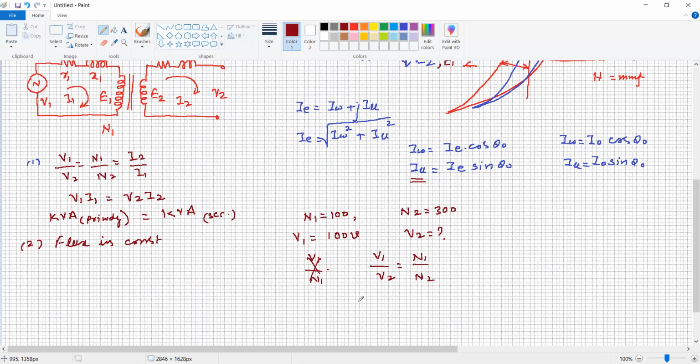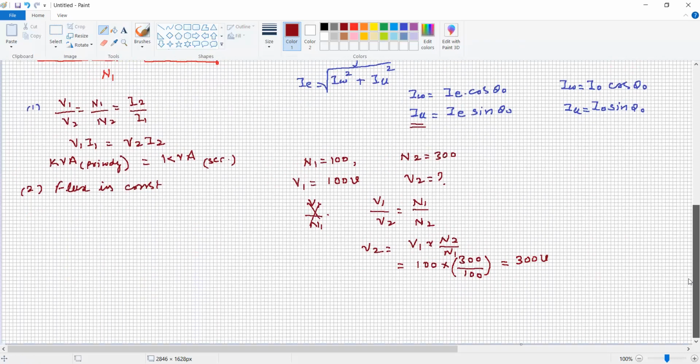So V2 is equal to V1 multiplied by N2 upon N1, which is 100 volt multiplied by 300 divided by 100 turns, and therefore we get 300 volt. Under such conditions, either the primary voltage or the secondary voltage can be determined.